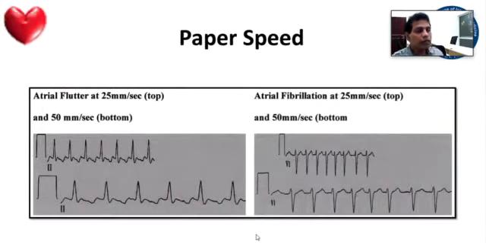Now look at this ECG. Sometimes we train our eyes to diagnose certain rhythms. Now if you look, there are 2 panels. If you look at the atrial flutter in the upper row, this is an atrial flutter with 2 to 1 block.